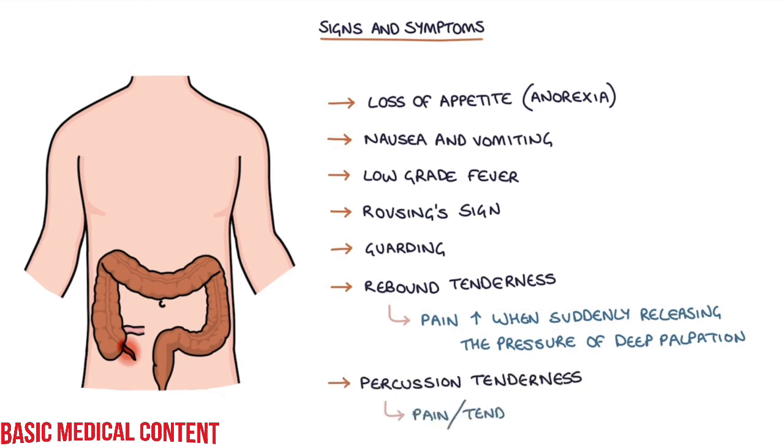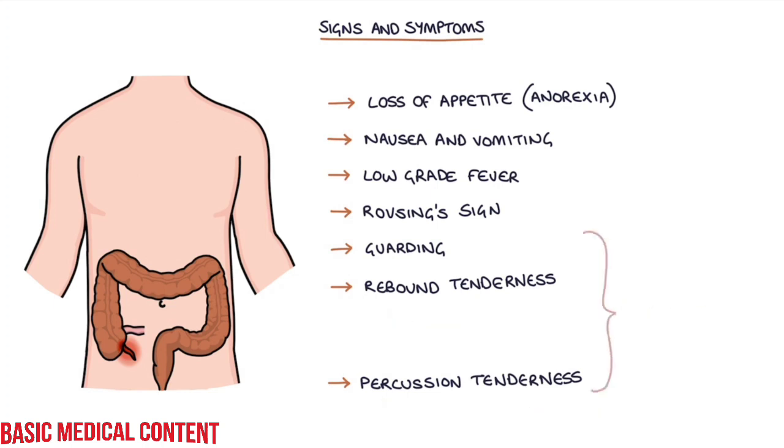And this is pain and tenderness when percussing the abdomen. Rebound tenderness and percussion tenderness suggest peritonitis, which is inflammation of the peritoneal lining, potentially indicating a ruptured appendix.